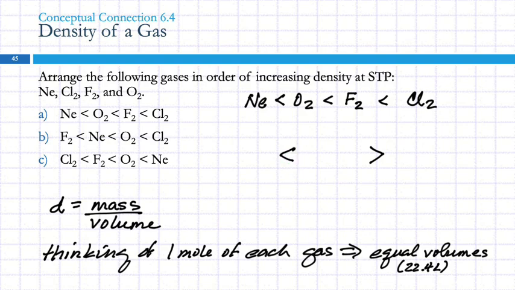So we got the big number on this side and the small number on that side. Here, the left side is big, it's open, right? That's the big side, and here is the tiny pointy side, so that's small. So this symbol here is telling me that the density of chlorine is greater than the density of fluorine.